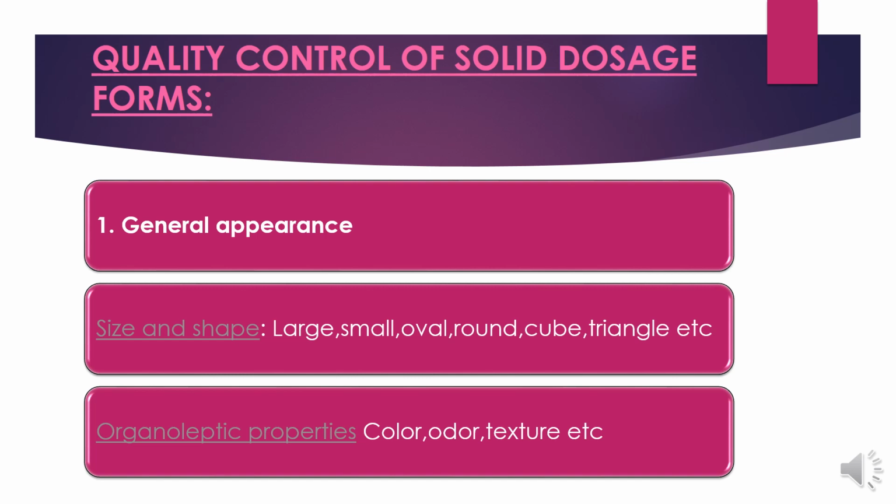Either they are smooth, gritty, or glossy in appearance. So depending upon the type of dosage form like powder, granules, capsule, their texture may vary, and we have to verify that our product's texture is according to the instructions provided by the master formula.